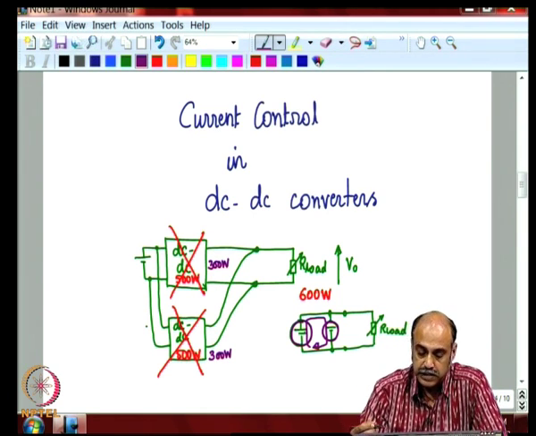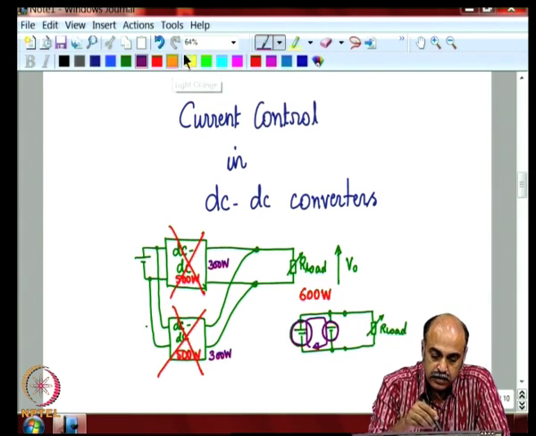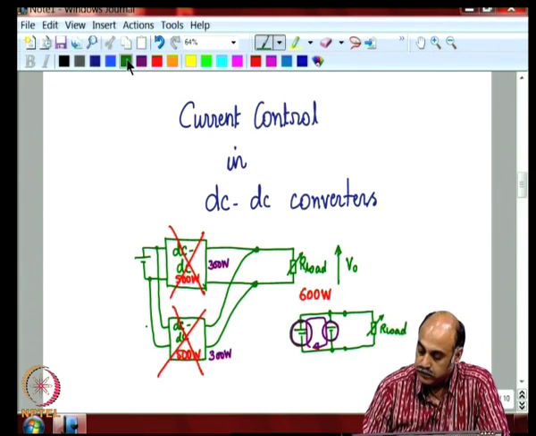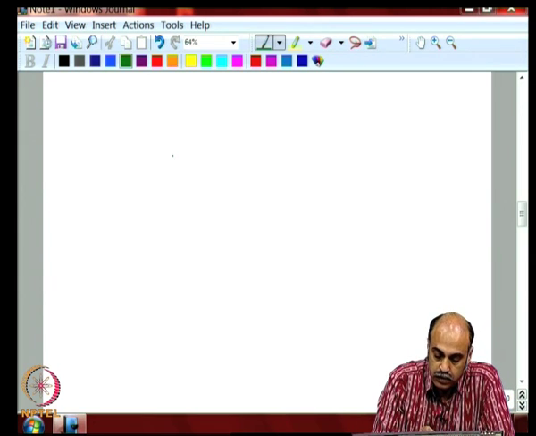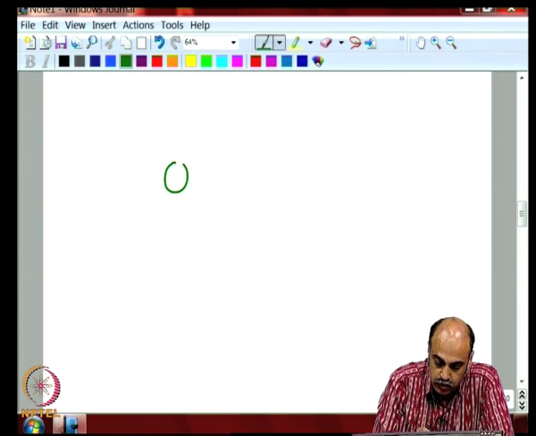So, under such condition, we need to have a control method where instead of having a controlled voltage source, we have a controlled current source.